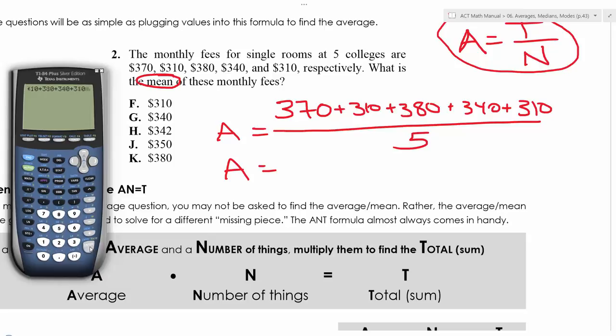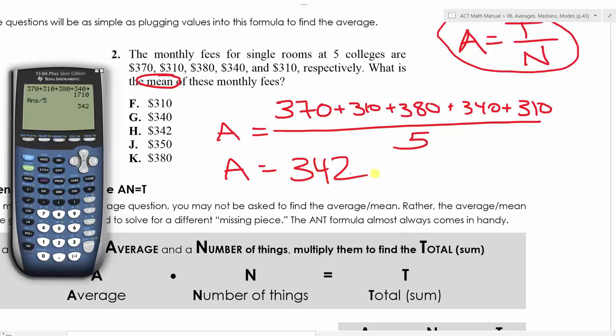I'm going to hit enter so I get my sum or my total first, because remember, if I were to have divided by 5 at the end, the calculator would think I wanted to add these 4 numbers and then add 310 divided by 5. So be careful of that careless mistake. So I'm going to divide that by 5, and I'm going to get my average is 342.